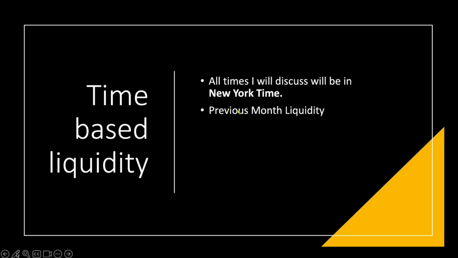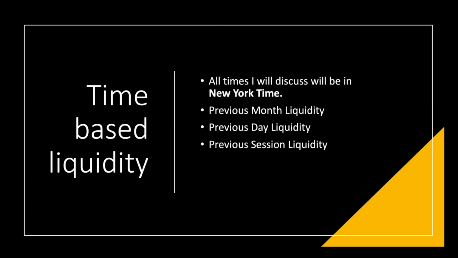First of all, we're going to take a look at previous month liquidity. So that means if we're now in January, we're going to look at December's high and low. We're going to focus on previous day's liquidity. So that means if we are currently on Tuesday, we're going to focus on Monday's high and low.